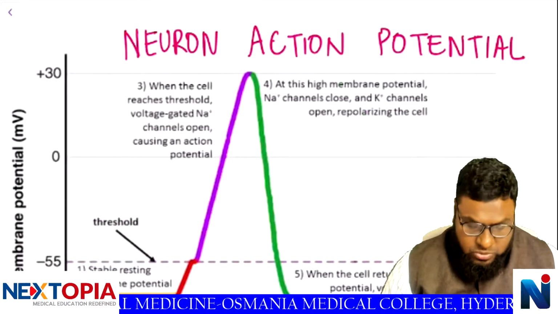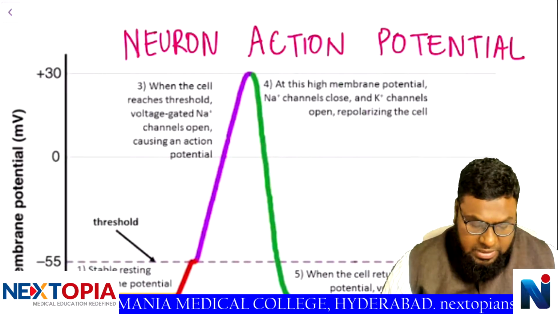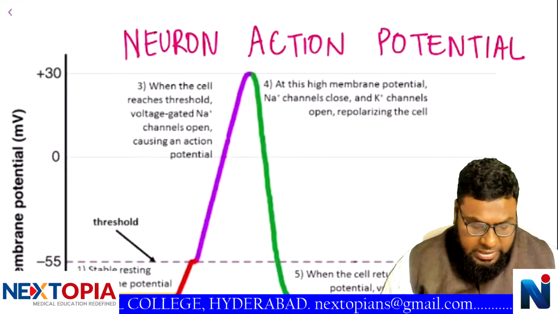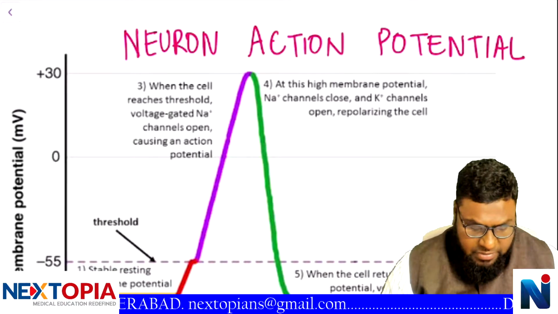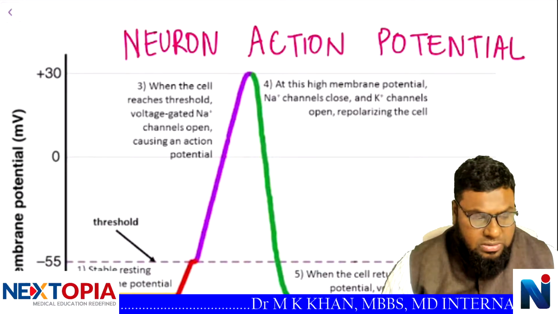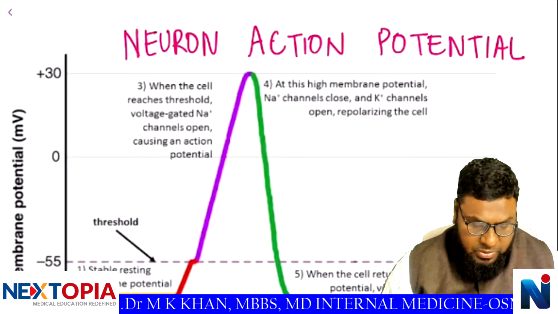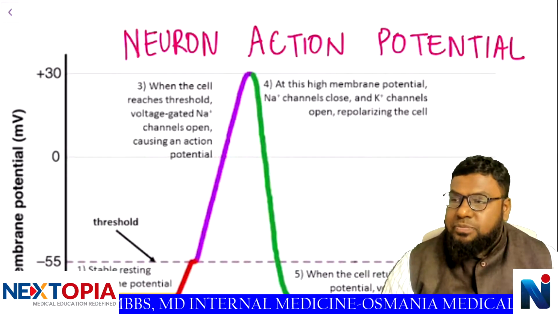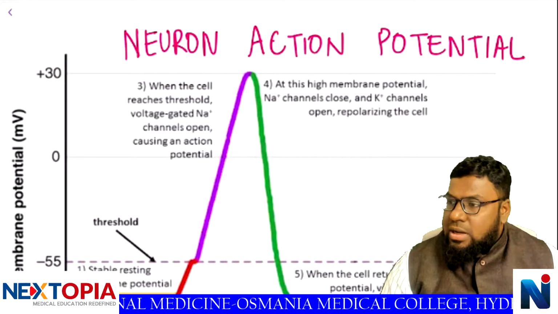In this diagram, initially the resting membrane potential is minus 70 millivolts.